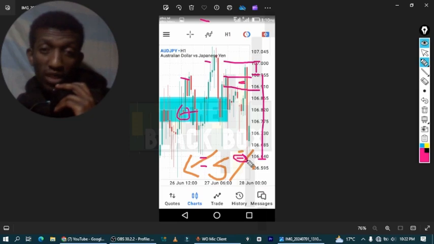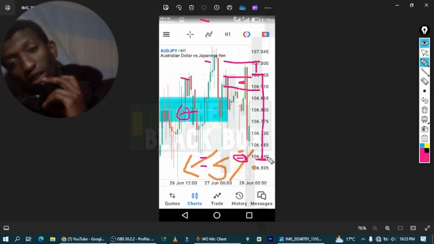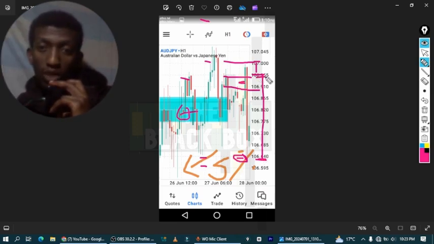Because this is a huge dump and a huge risk to reward, as you can see. You risk less but get a huge return. So you might take half of the position out and move your stop to your entry.